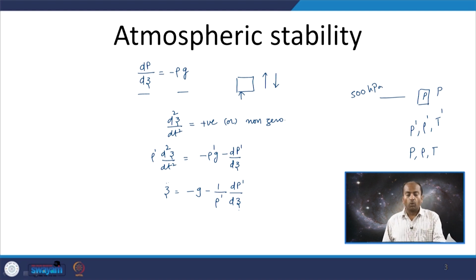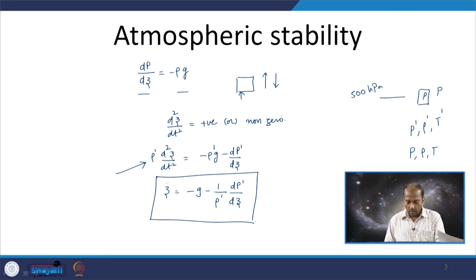So, if there is a small imbalance between the gravitational force and the pressure gradient force, the net difference between these two forces will result in some acceleration given by this. We have written this equation in simple terms so that we know the net acceleration.